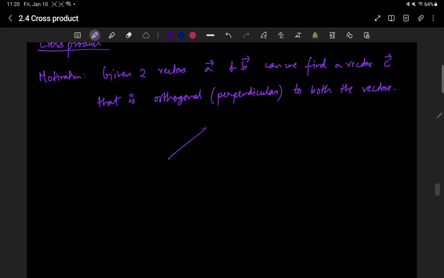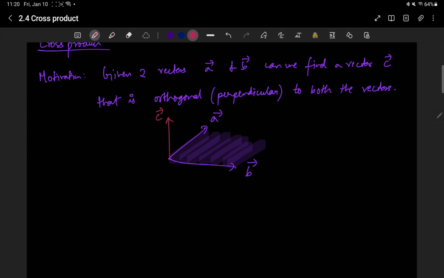How is that? If I have A and B, what you can do is imagine that you construct a plane. If you have two vectors, you can always make a plane. And if you have a plane, you can always find a vector that is perpendicular to both A and B, because this angle would be 90 degrees and this angle will be 90 degrees.